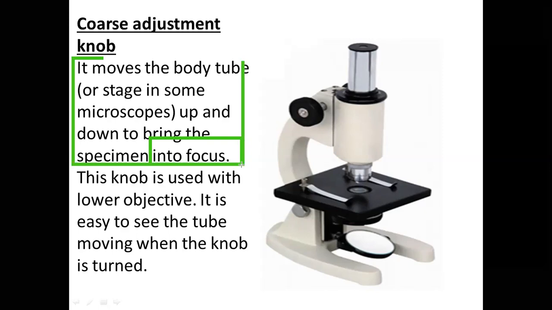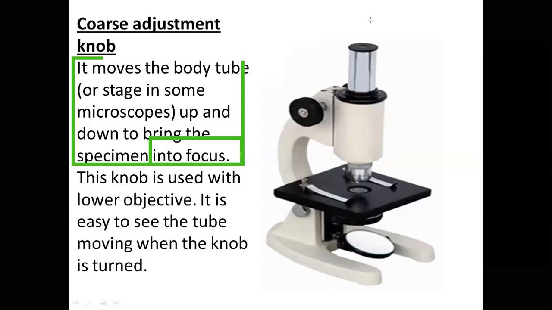Those manipulation skills may look very simple in theory, but in practice, they are a nightmare. So that's another area that you cannot afford to ignore. And even knowing how to articulate the role of this part matters, because it is after you know how to articulate the role that you can put it into practice. So it moves the body tube up and down into larger distances, bringing the specimen into focus.